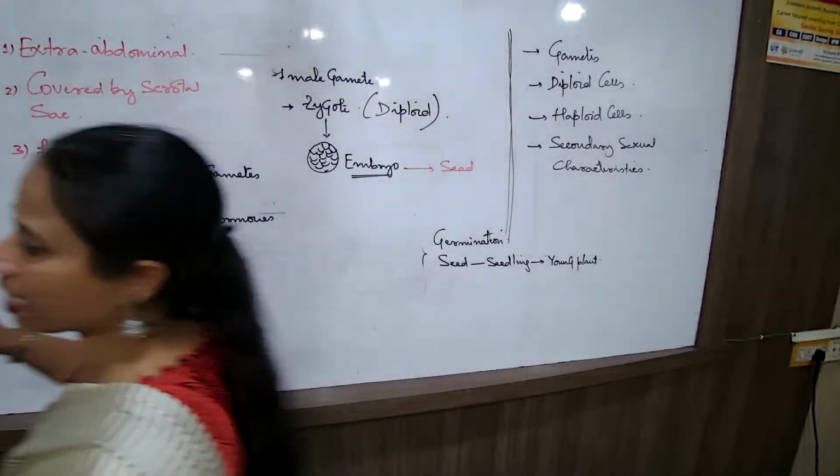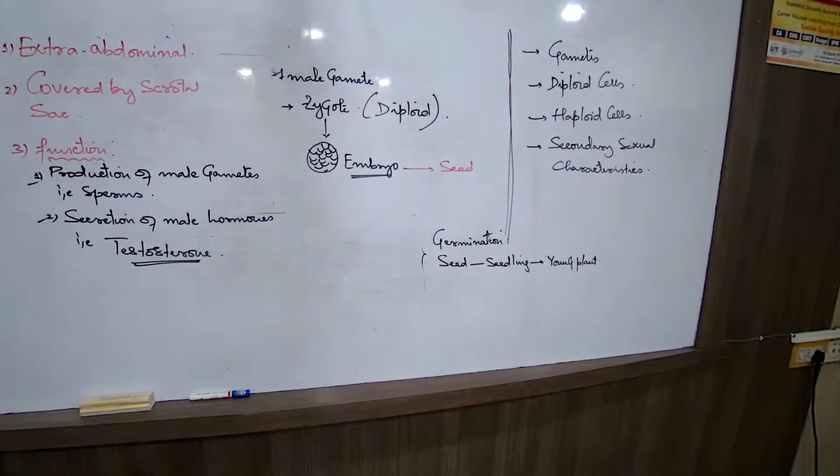The testis is extra abdominal. Justify. Let us write an answer there. The testis is extra abdominal, that is, it is away from the abdomen.